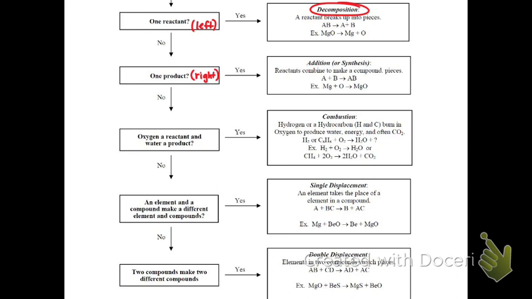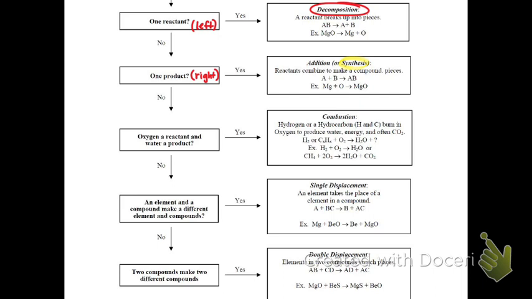So if there's only one thing left at the end, your things got synthesized. They combined to make one compound. So one thing breaks down is decomposition. Some things combine is synthesis or addition.